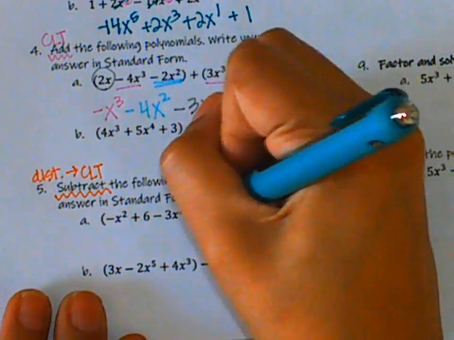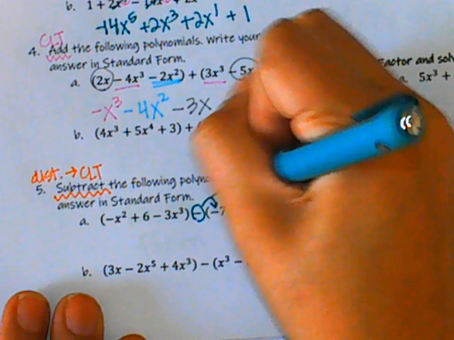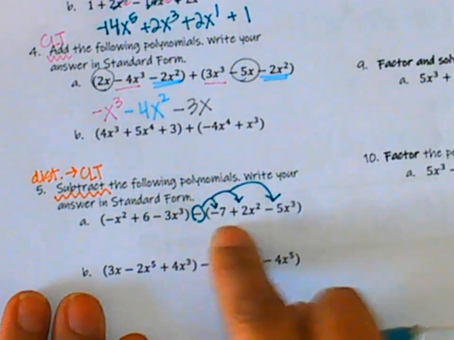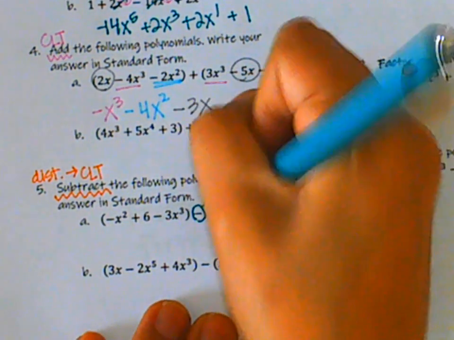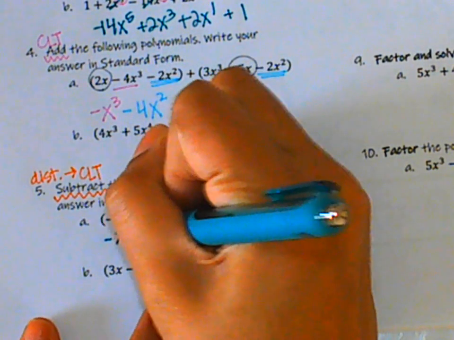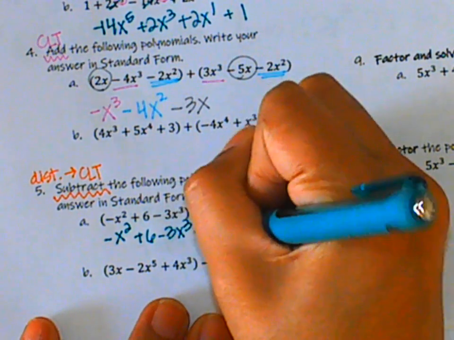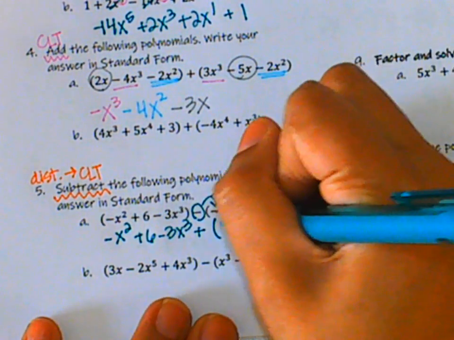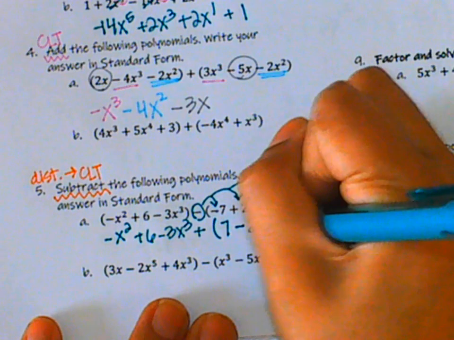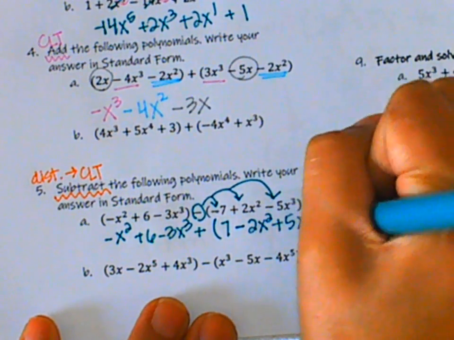So I'm going to take this negative and distribute it to every term in the second polynomial here. So bring down negative x squared, plus negative and a negative give me a positive, positive and a negative gives me a negative, and then again I end up with a positive here.